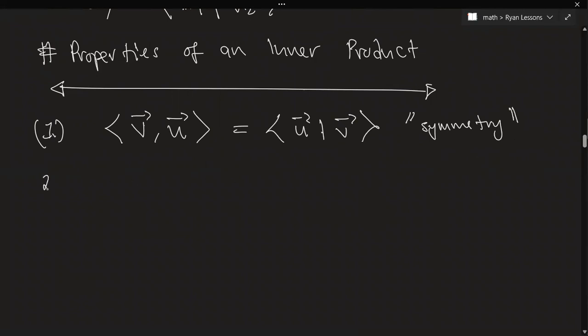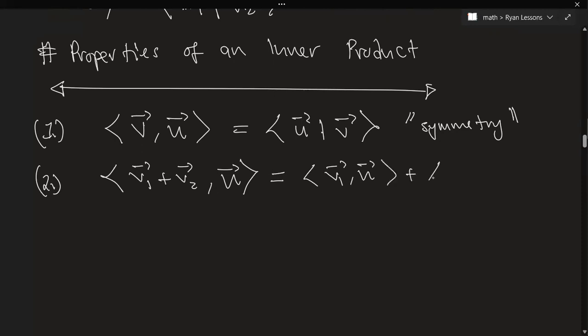Then two, there is another nice result which says that if this element V is split into two parts, V1 plus V2, and we keep the other one intact as U, then this can distribute this way with the left element, so we have V1 U plus V2 U. This is another property that it has.